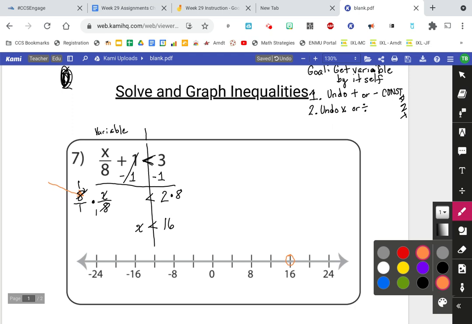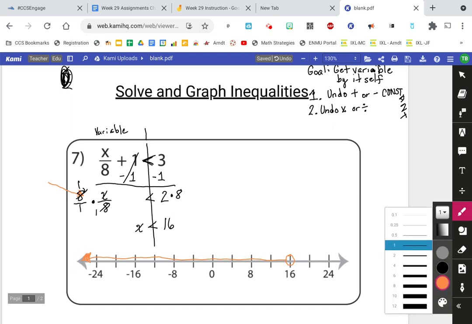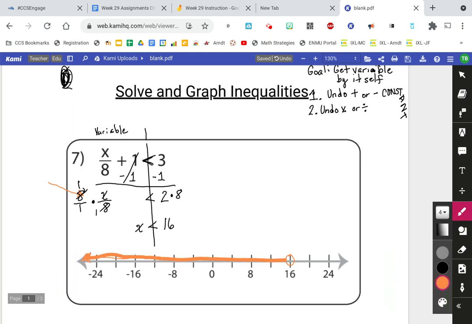Well, this is going up by 4s. 12 is less than 16, 8 is less than 16, 4 is less than 16, 0. All of this stuff is less than 16. Okay, so that would be my graph: an open circle at 16 and an arrow going to the left.